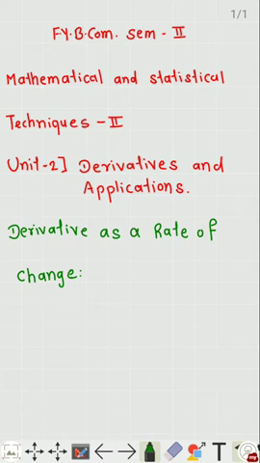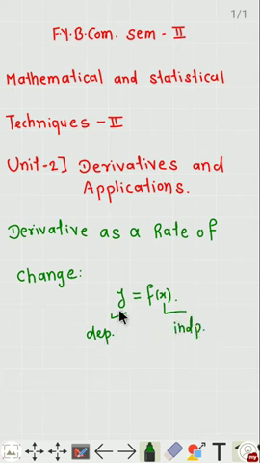We learned function in detail in the last chapter. A function in general is denoted by the notation y equals f of x, where x is called the independent variable and y is called the dependent variable. We observe that unless a function is a constant function, the value of the variable y changes with the change in the values of x.